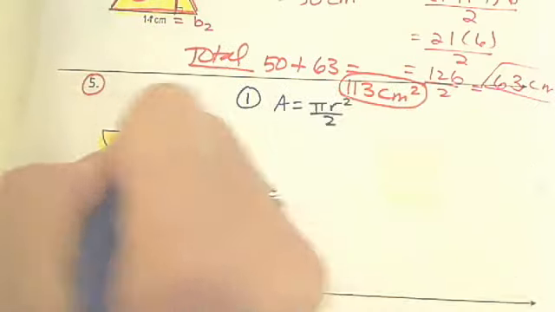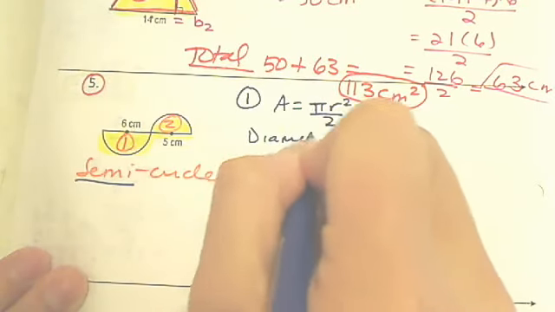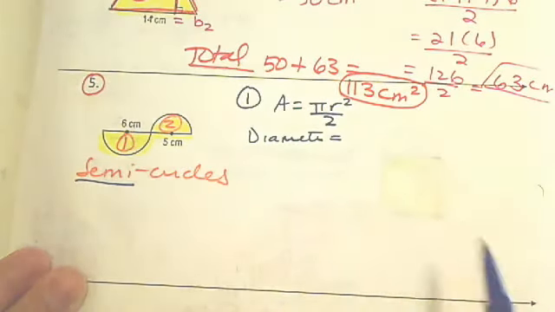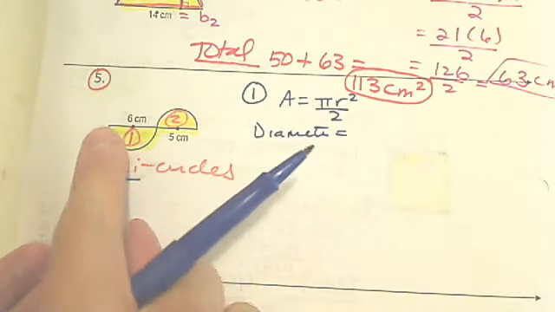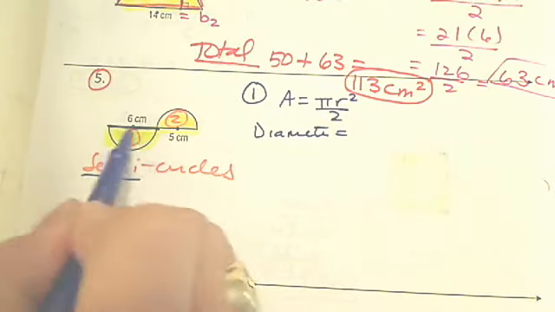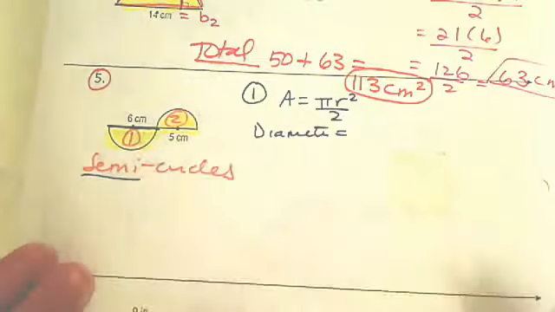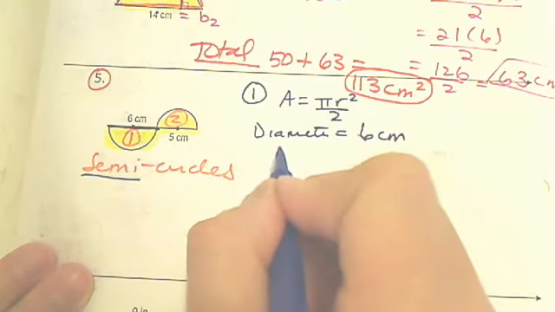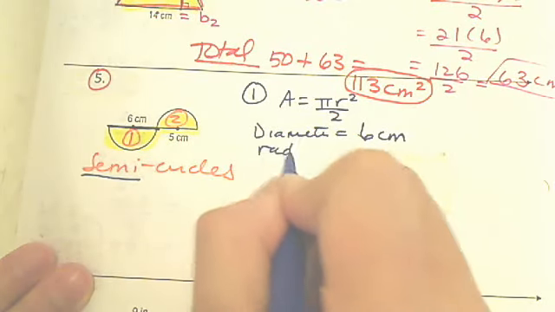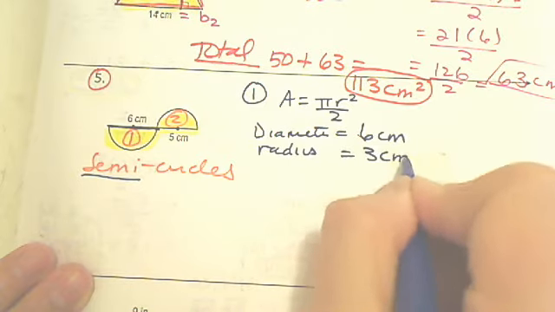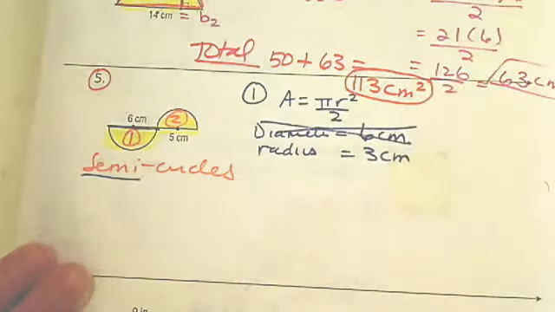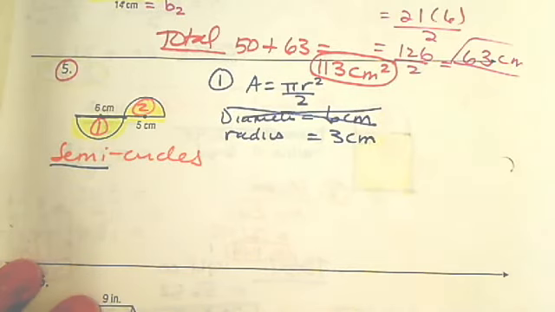For circle number 1, the diameter is right there. But we cannot use that. Radius is half of that. I'm going to cross out diameter just to show you that you cannot use diameter.